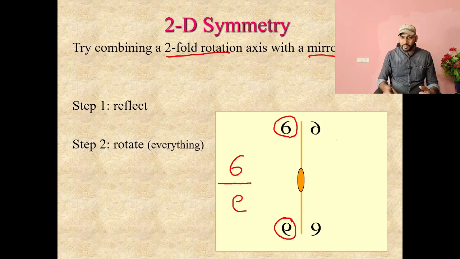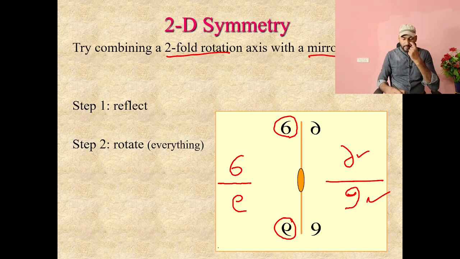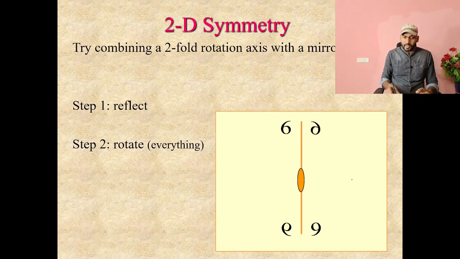Similarly here, this is the structure of D, and at the bottom we have this structure. Now the top one and bottom one are also appearing like mirror images. That means there is something missing here, which is another mirror plane.